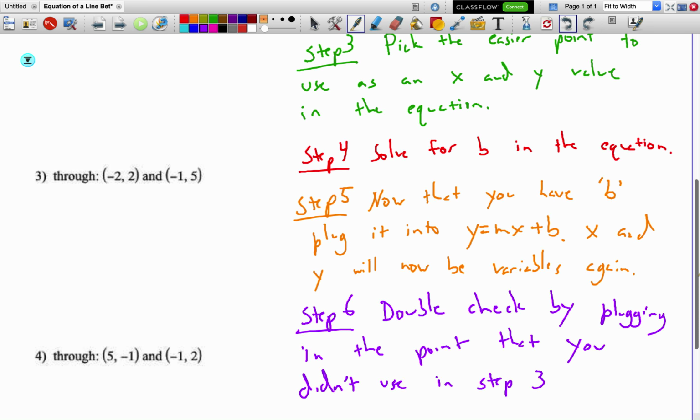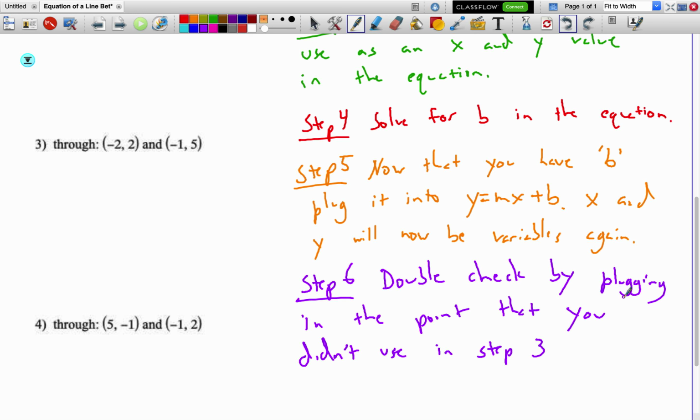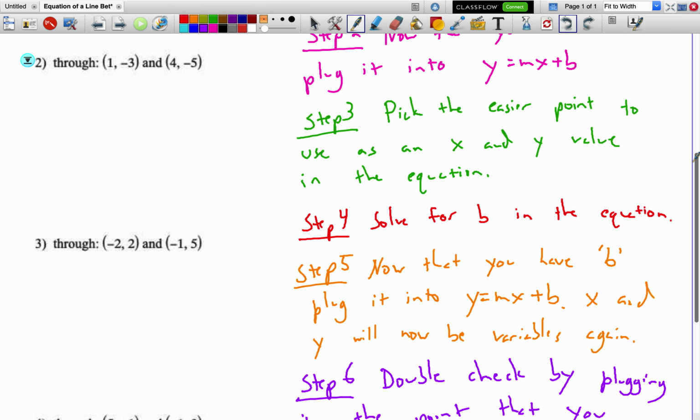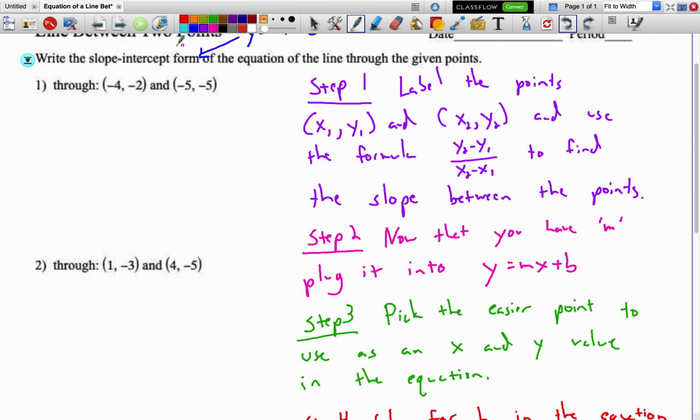All right, so we use one of our 2 points to solve for b, the other one to then double check. All right, let's go through these 6 steps with the problems that we have here.